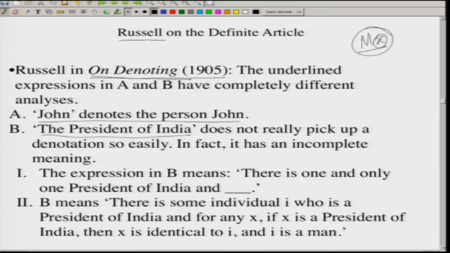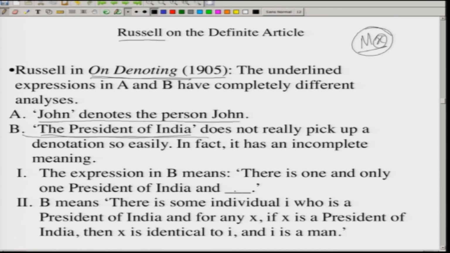In fact, it has an incomplete meaning. We will see that. The expression in B, that is the President of India, means there is one and only one President of India and something whatever.